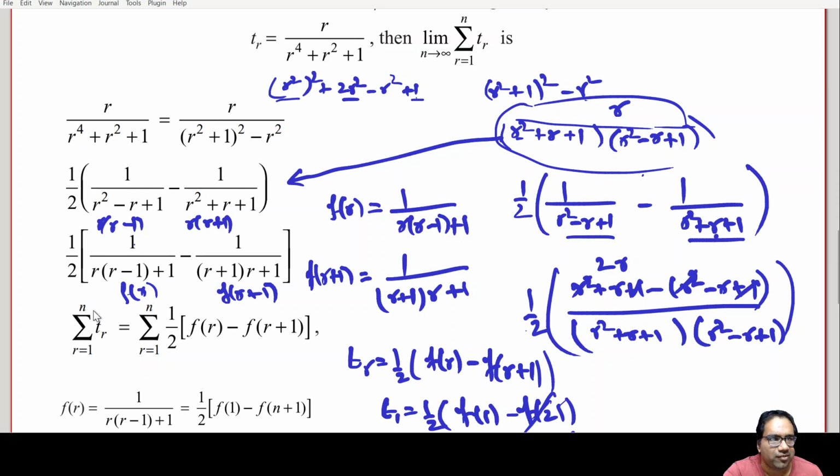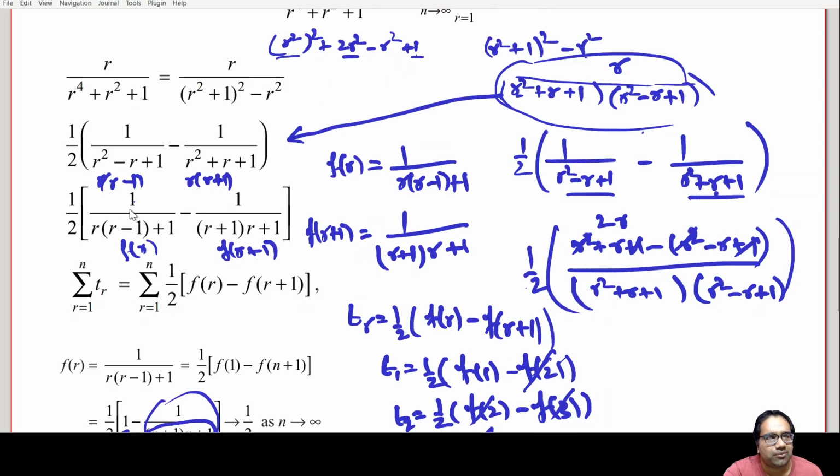What does that mean? When you sum all of this till infinity, except the very first one and very last one, everything else will get cancelled, because it is always the difference of two consecutive terms. Every second term and every first term of two adjacent items will get cancelled. So we'll be left with only the very first one and very last one.